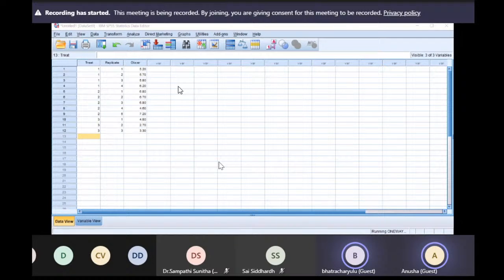Got the output? Yes. You have to share the output screen. Again I have to share the screen, sir. It is not visible to all.